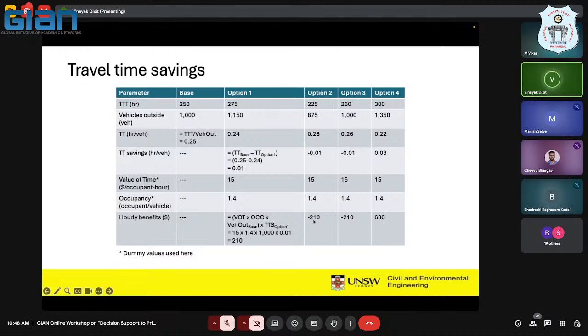You can identify that through each of these. This one has 630. Here we don't have any benefits because the travel times are increasing by 36 seconds, so you end up having minus 210, minus 210. Here the travel time starts reducing by 0.03, so you end up having almost 3 times that benefit, which is 630.